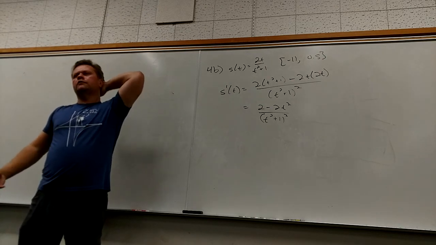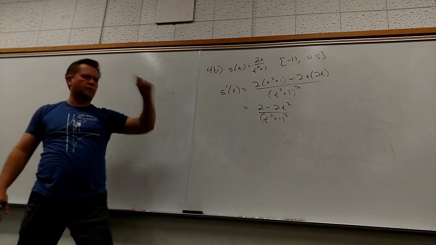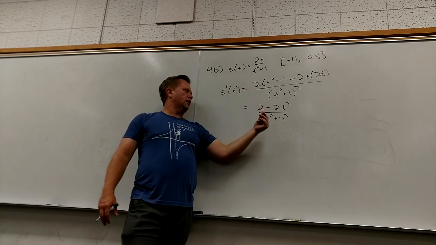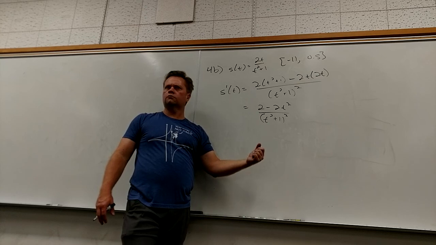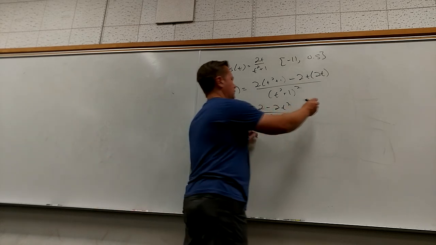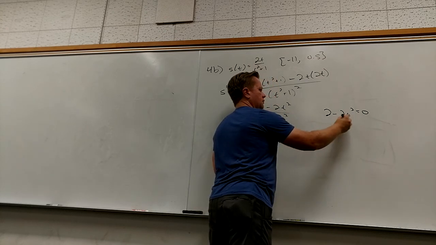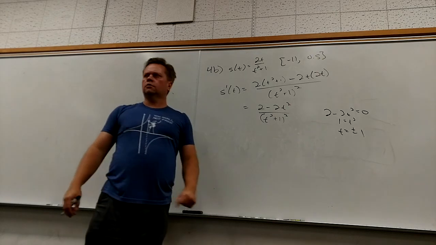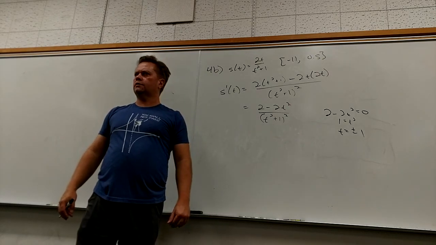So is this thing ever undefined? No, not with real numbers, because the bottom is at least 1. So it can never be 0. Is this derivative ever 0? What would make this fraction 0? If the top is 0. Plus or minus 1 are both things I have to consider.